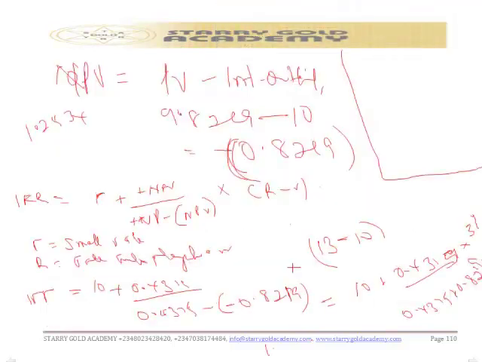Now, what we're saying is this. Look at this place. You have a mistake here: instead of the present value of using 13% being 9.8219, it is 9.8219 wrongly used; the negative NPV is 0.1781, not 0.8219.